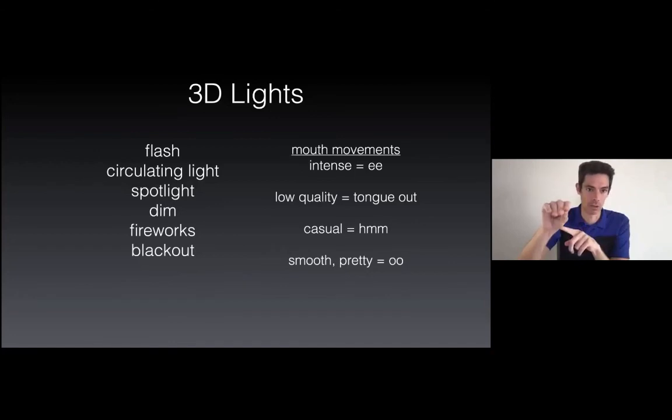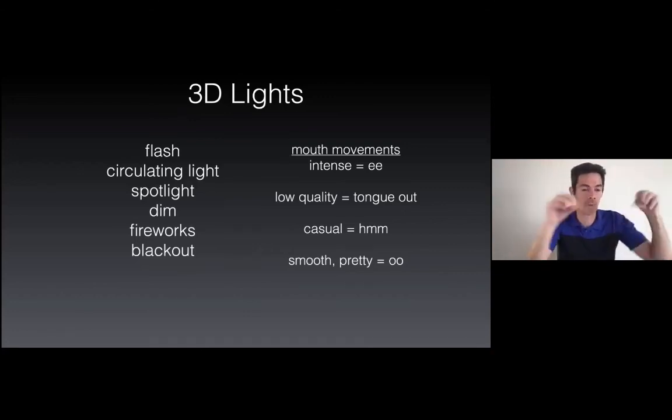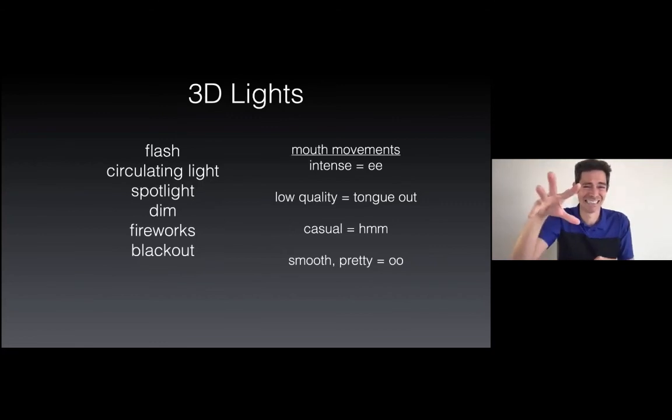So like this is a flashing, like taking a picture. You can have a camera that moves around, a spotlight, or the light flickering in and out, or lights flaring, or all the lights going off. If you do this E mouth movement, it can be different intensities for the light or the movement of the light.